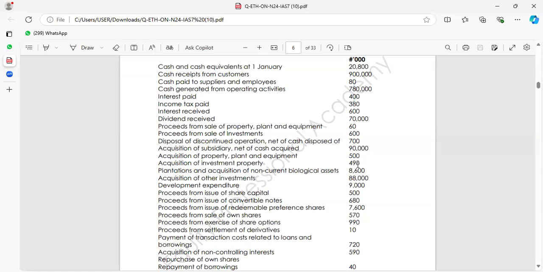Thank you. Mr. Jide, I'm impressed. Cash generated from operating activities, then interest paid. Which activities is interest paid? Financing.